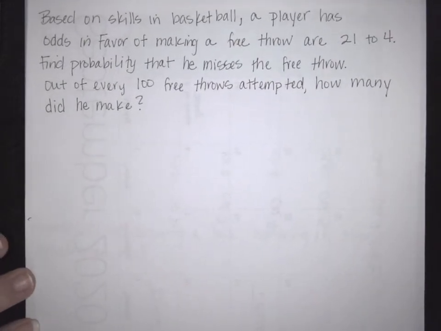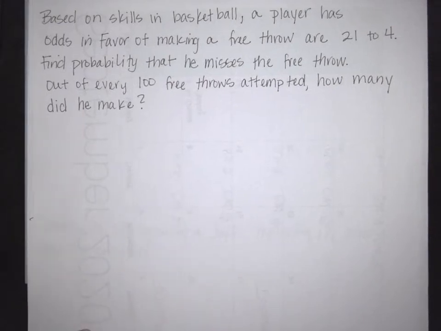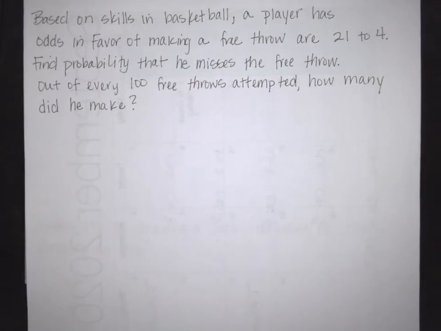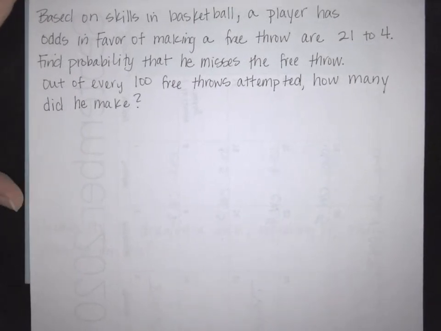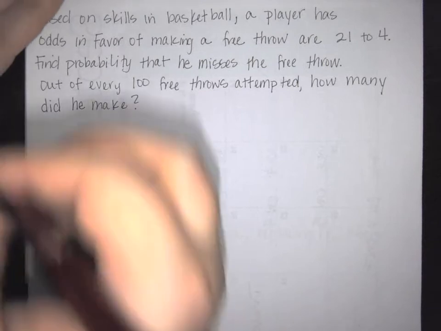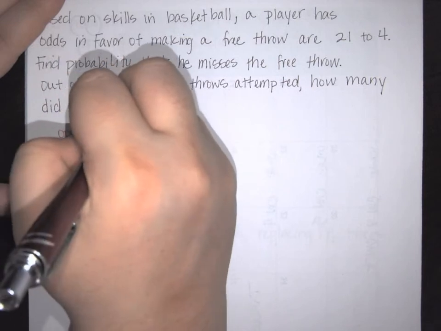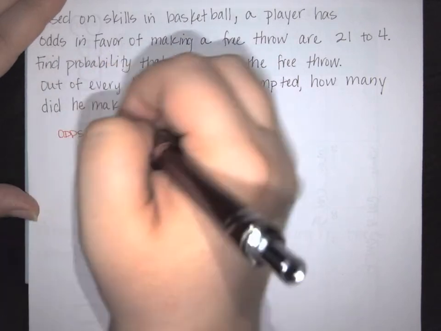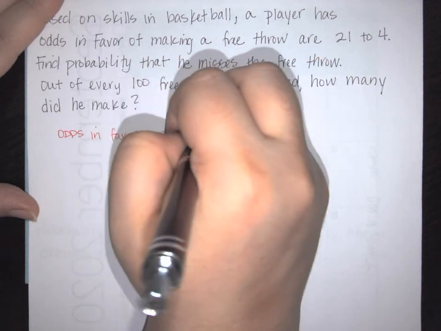Alright, now what happens if I give you the odds and I want the probability? Here I've got, based on skills in basketball, a player whose odds in favor of making a free throw are 21 to 4.